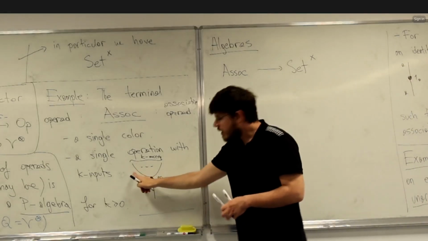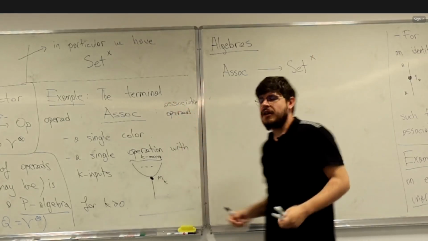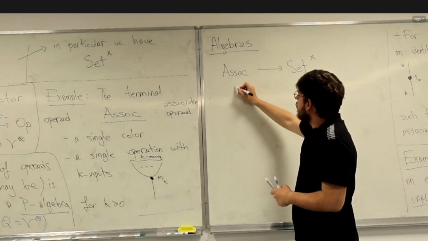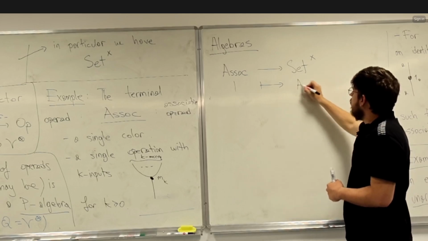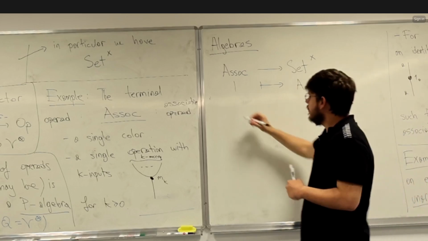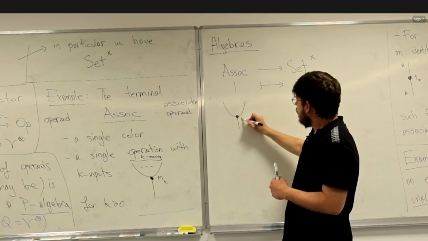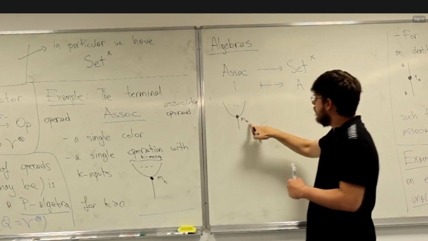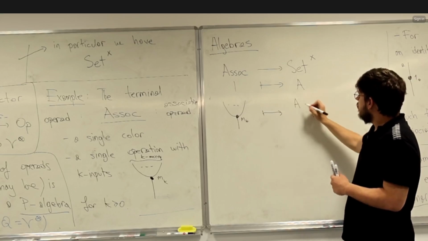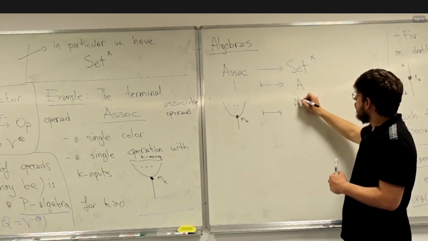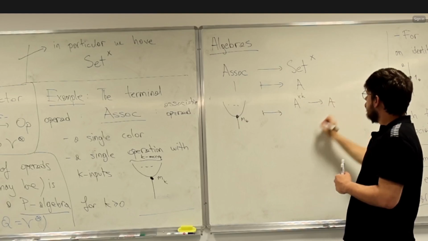So for the single color, we have to pick a set. So a color in Set is a set, okay? So this single dummy color, whatever it is, gives us a set. Let's call it A. And these operations with k many inputs will pick some operation A multiplied k times to itself, right?